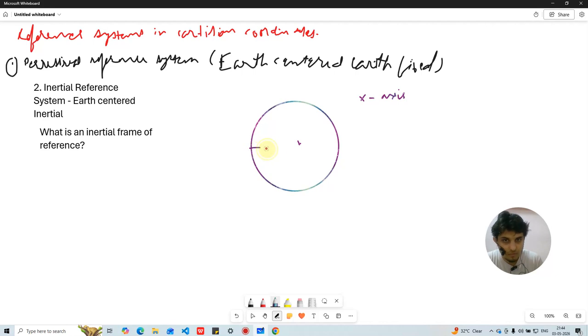So if this is the equator, and I say this is the x-axis, imagine this as a 3D ball. The y-axis points east along the equator. The y-axis has to point east. Well, this is north, this is south, this is west, this is east.